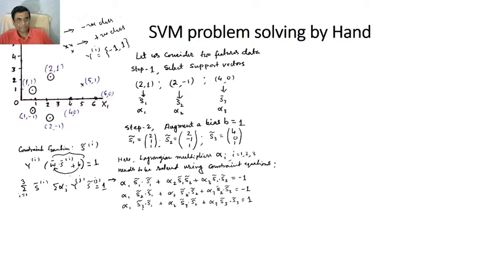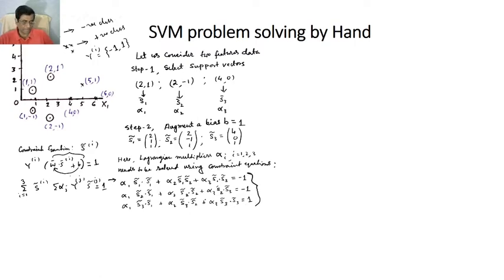Another vector is S3, and we are calculating S3 dot S1 with alpha 1, because alpha 1 belongs to S1, and then alpha 2 is attached with S2, so S3 dot S2, like that. Very simple.